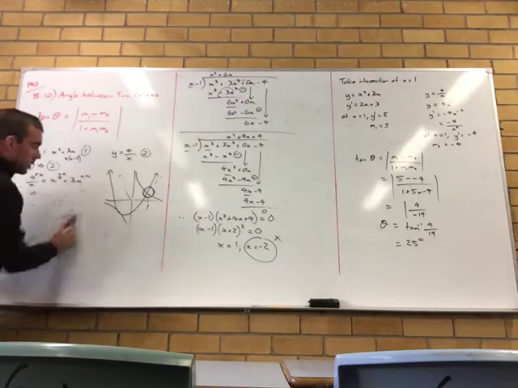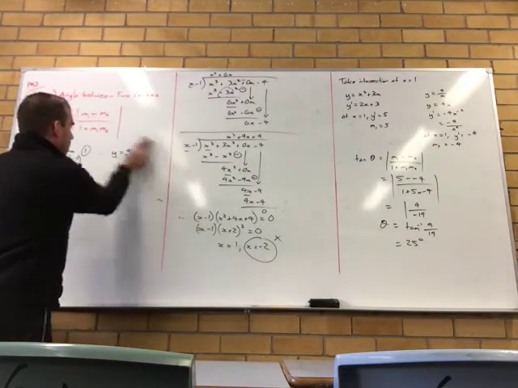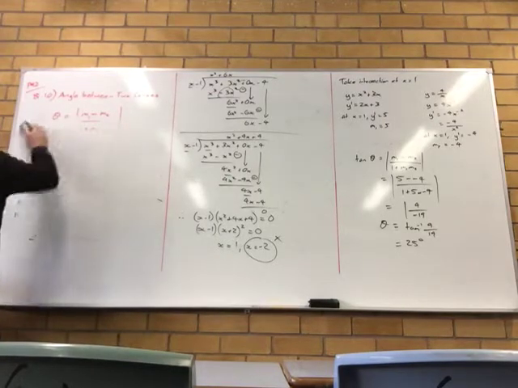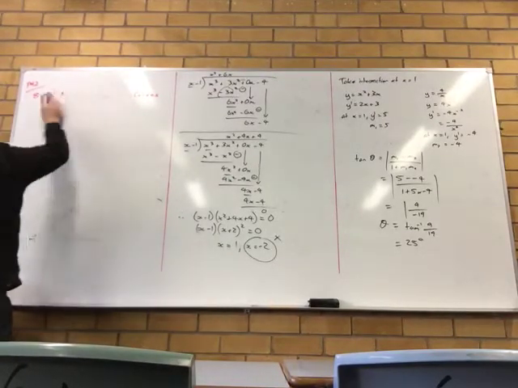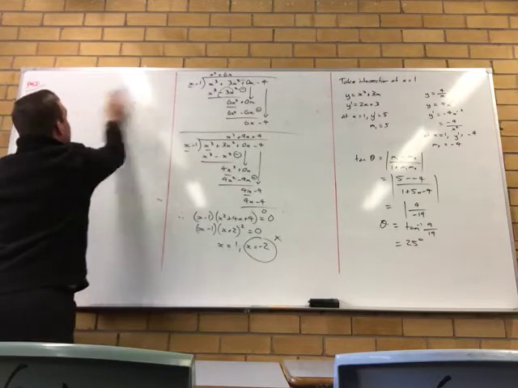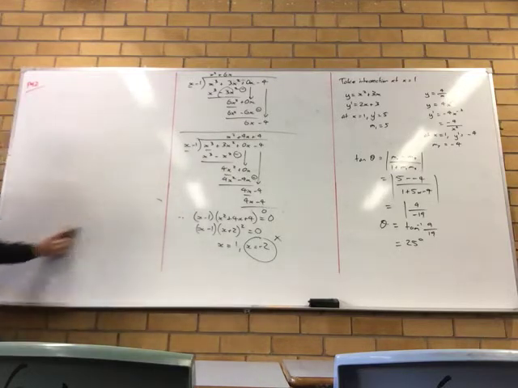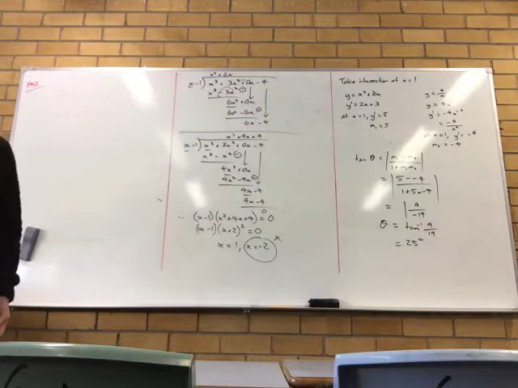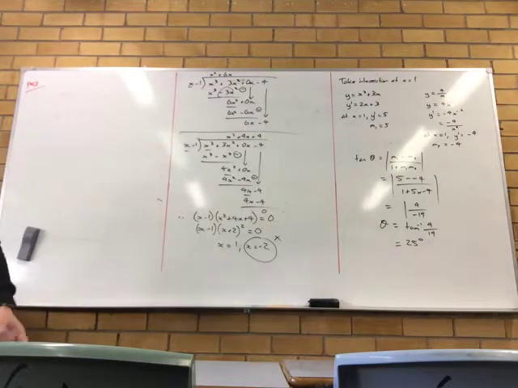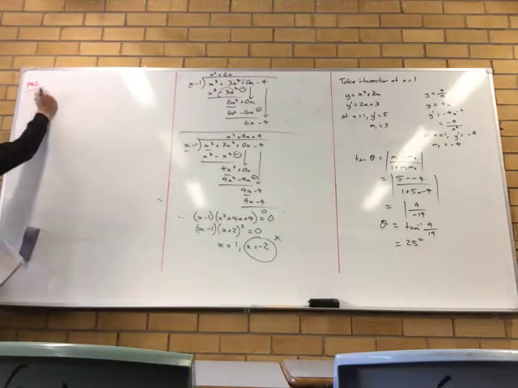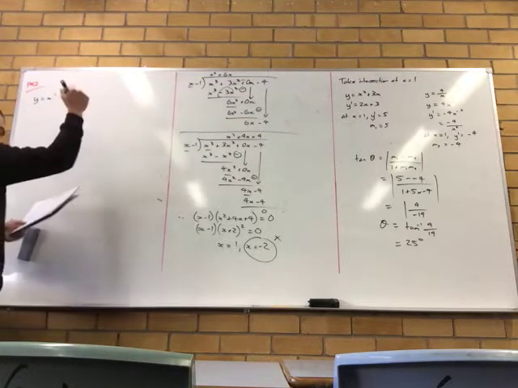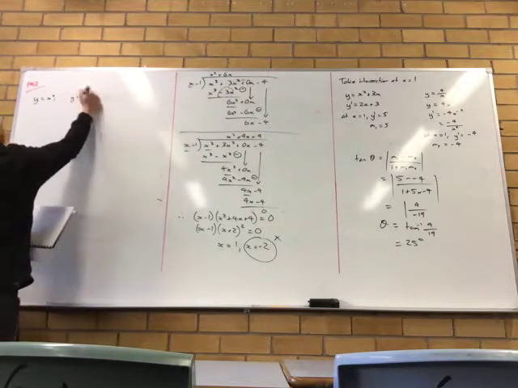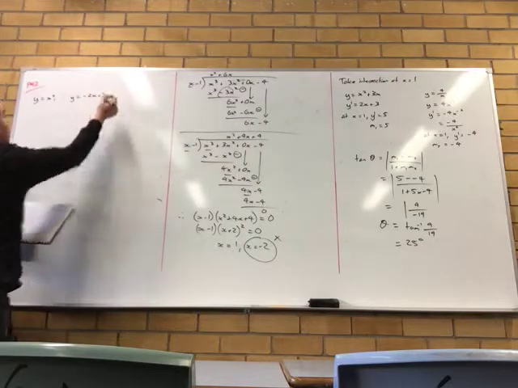Find correct to the nearest degree the obtuse angle formed by all points of intersection of y equals x squared and y equals negative 2x plus 3.